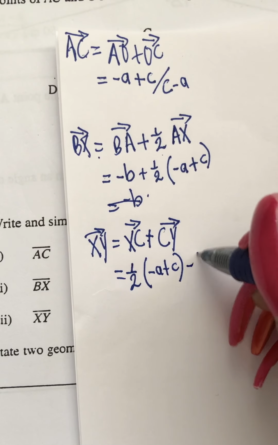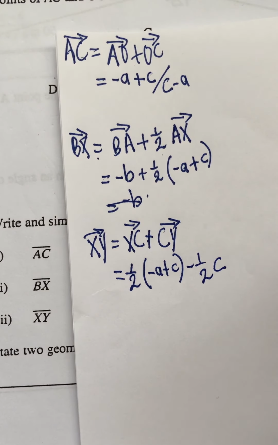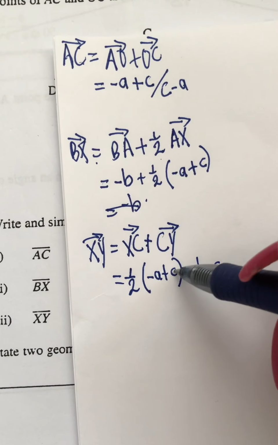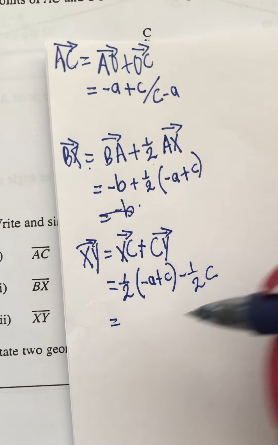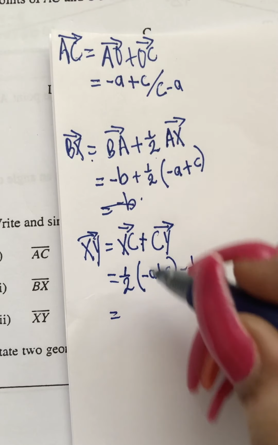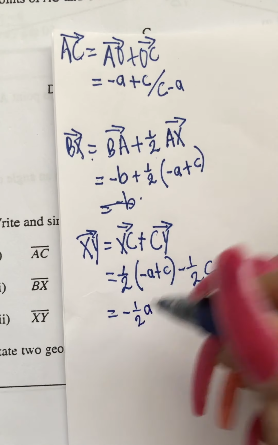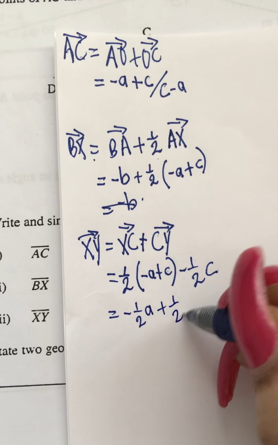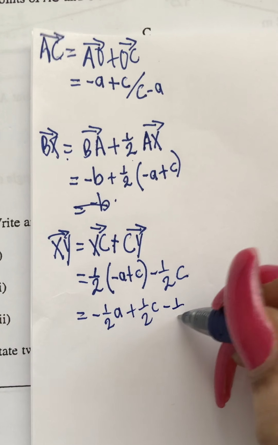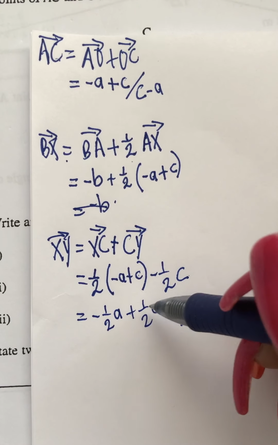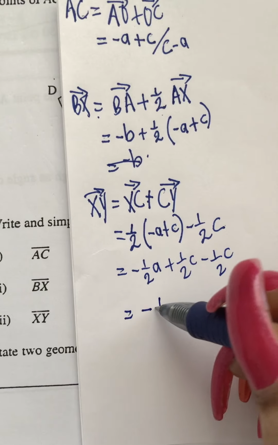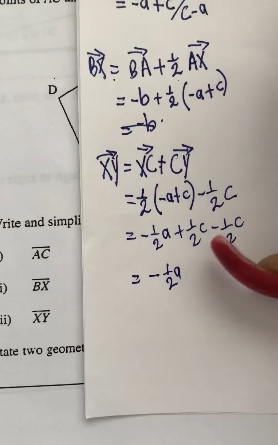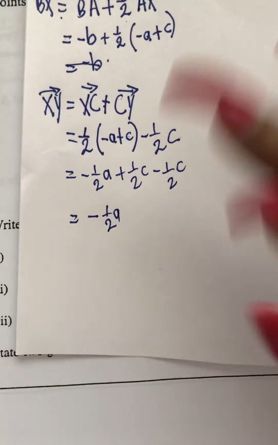Right? So let us calculate now. C is here and C is here. So we can simplify in this case. I'm going to simplify by removing parentheses where possible. Half times A is minus half A. Half times C is plus half C. And then we have minus half C. Half C minus half C will cancel itself. What will I have left? Half of A. Good, so we can simplify this one.